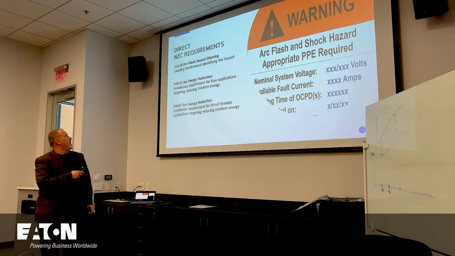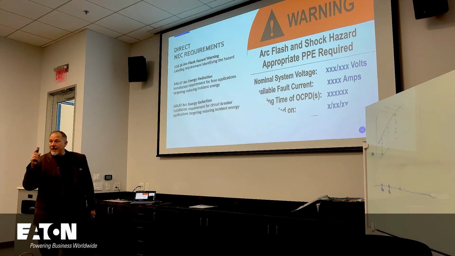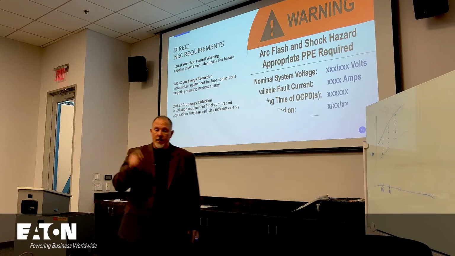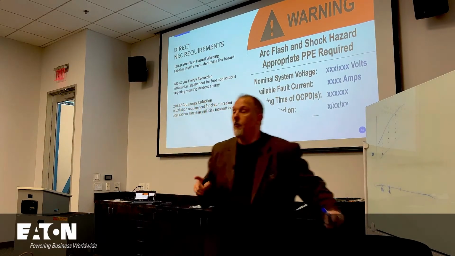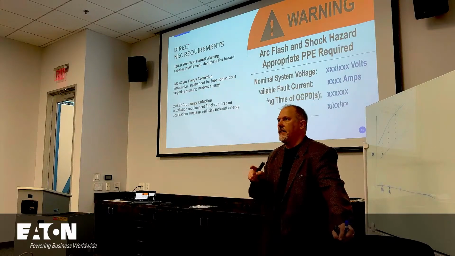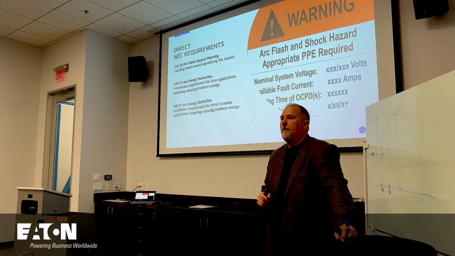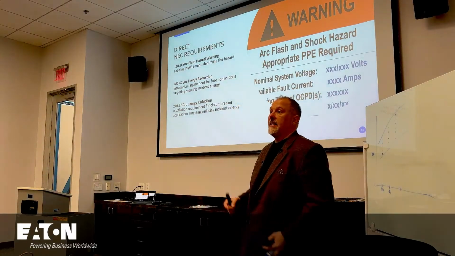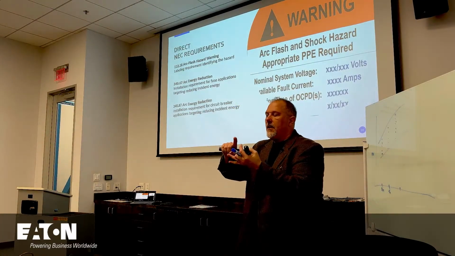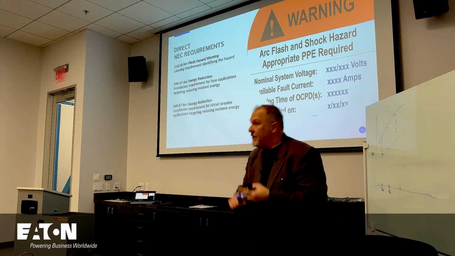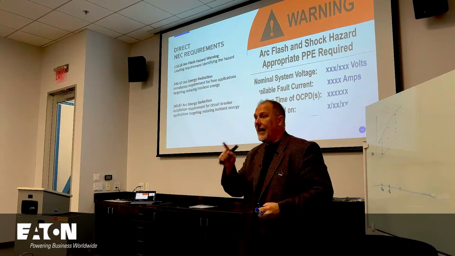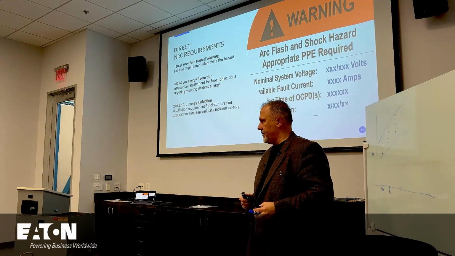Devil's in the details. So you have 110.16, and then in the 2023 cycle, we changed the labeling. Remember, in the 2020 code, or the 2017 code, I think it was the 17, they put the labeling for 110.16(B). In 110.16(B), they said you need to put the voltage, the available fault current, the clearing time of the overcurrent protective devices, and what else? There was a third one.